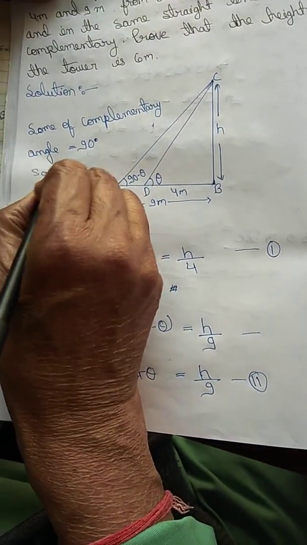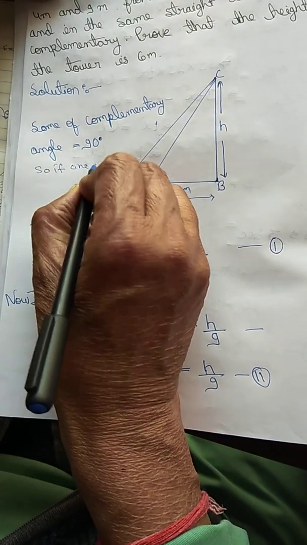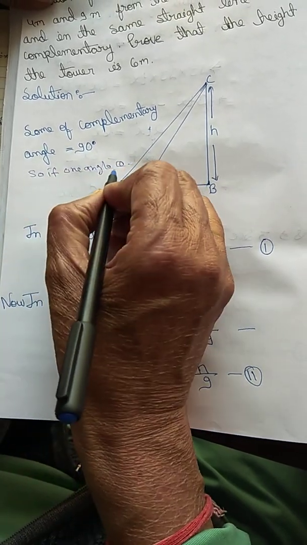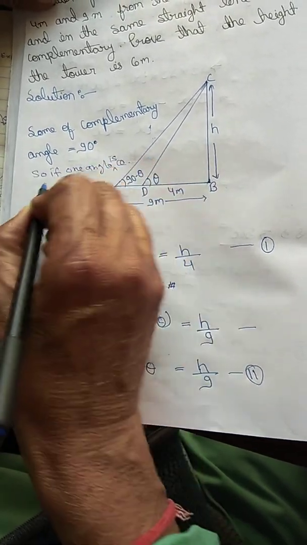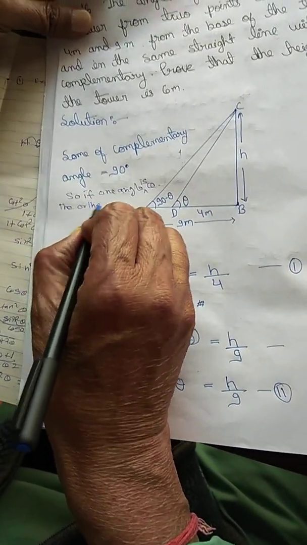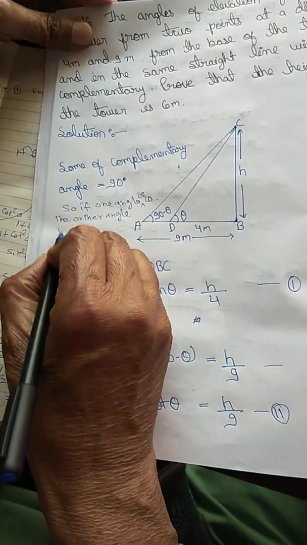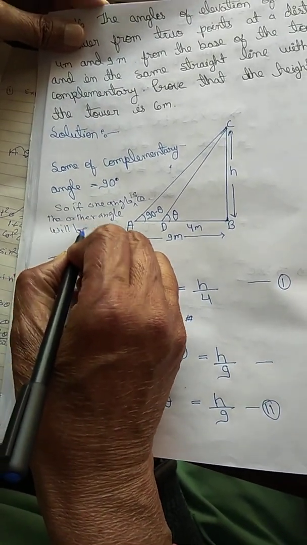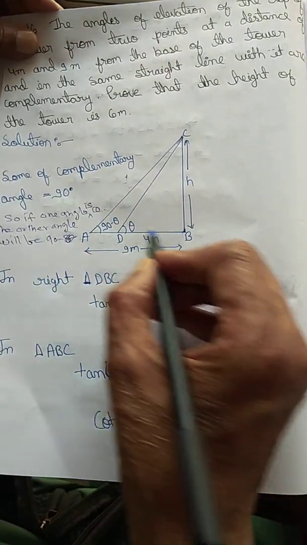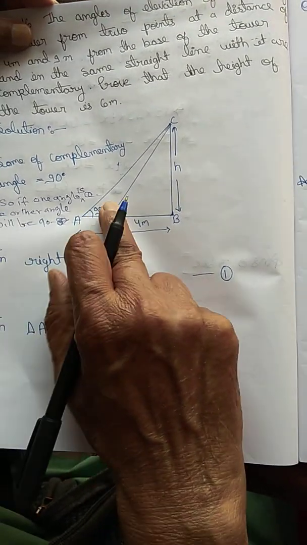So if one angle is theta, the other angle will be 90 minus theta. So we have assumed this angle is theta, the other angle is 90 minus theta.